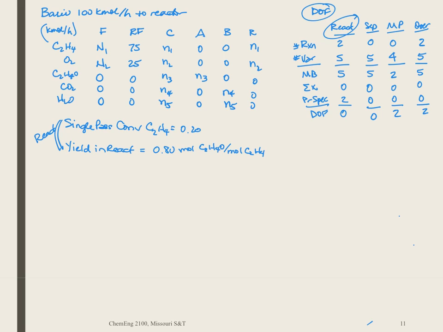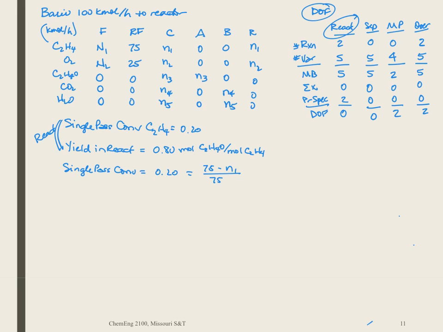So I'm going to start by looking at balances on the reactor, and in particular, let me use those process specs. So the single pass conversion. Okay, that's 0.20, 75 kilomoles per hour enter the system, N1 kilomoles per hour come out.